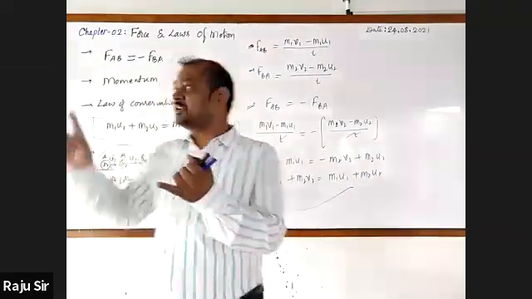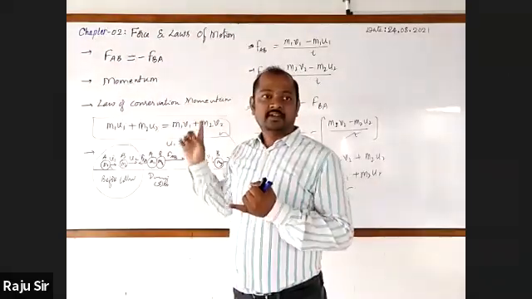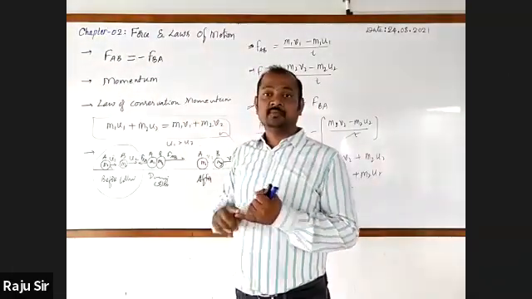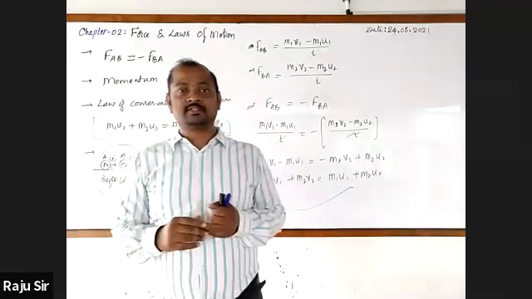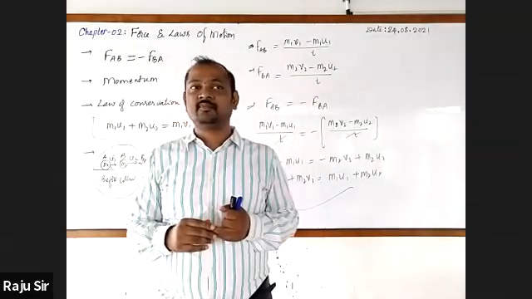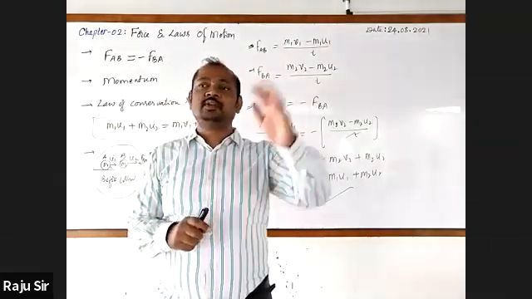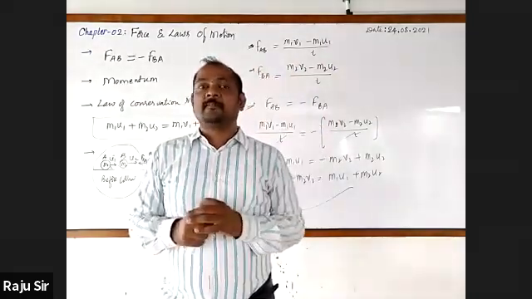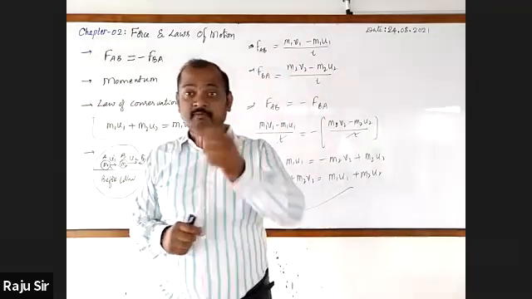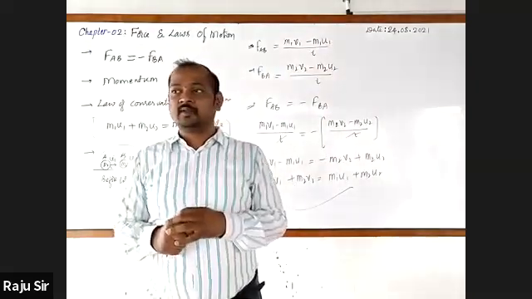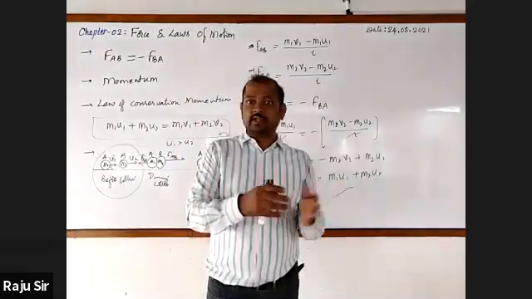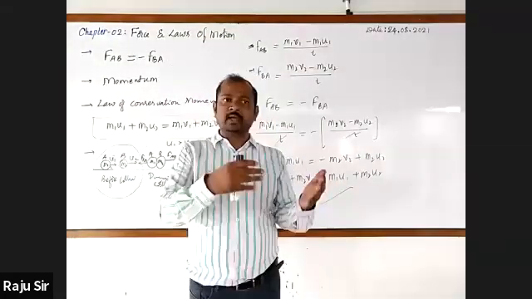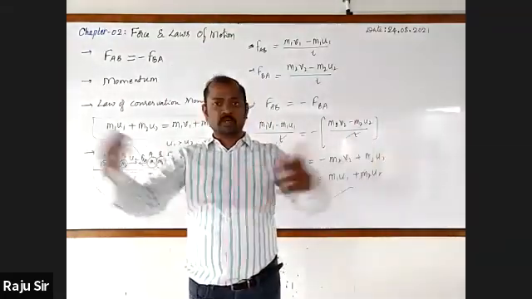For that situation, we'll use this law of conservation of momentum. Second important situation: launching of a rocket. Next, hockey players will be moving one behind the other, or they may come towards each other.